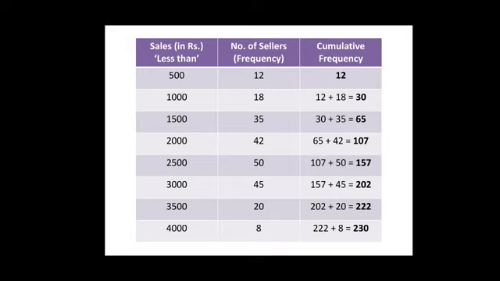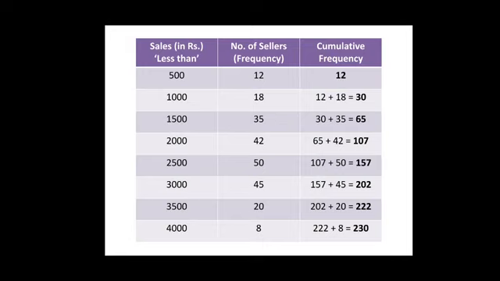Now convert the frequencies into cumulative frequencies, and in case of the less than method, we cumulate, that is, we add up the frequencies from above as shown in the third column of this table. That is, we are going down from top to bottom.